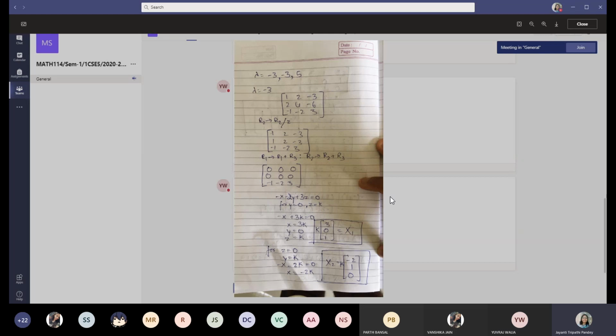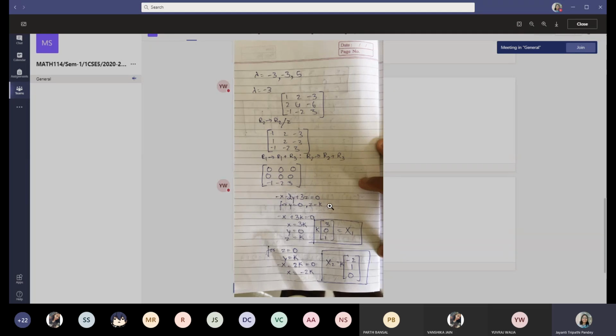Now here, see, you have one equation and three different variables. We can choose any of the variables as per our wish. There are three variables and the rank is 1, so two arbitrary variables are to be chosen. Somebody can choose x and y, somebody can choose y and z, somebody can choose x and z. What you choose, your answer will depend on that, so you will get different answers.